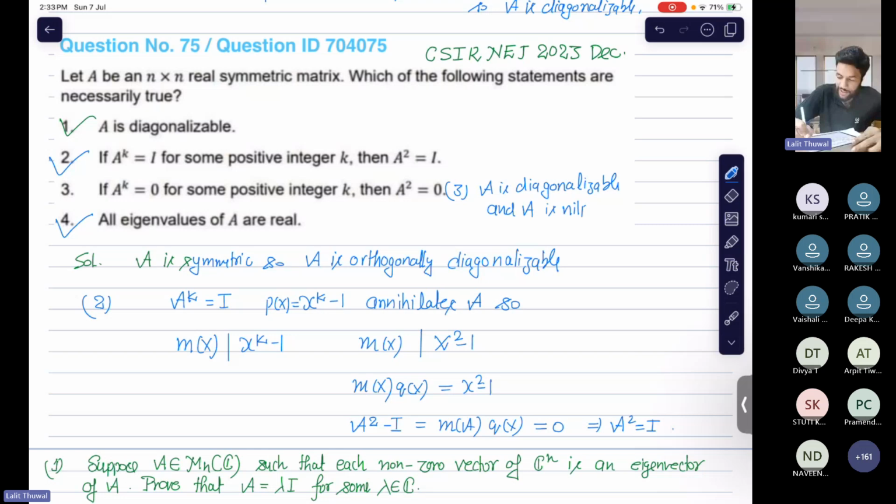So what can you say about nilpotent? A is nilpotent and diagonalizable. So A must be the zero matrix, because non-zero nilpotent matrices are not diagonalizable. So A is the zero matrix. This implies A square is also 0. So the third option is also true.